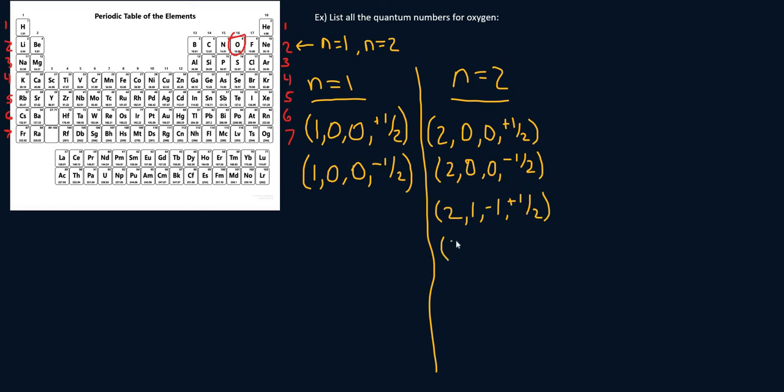Then we're going to do the next one here. And now we're going to do 0, because we're going negative 1, 0, again with the positive 1/2. And then we're going to do 2, 1, positive 1, positive 1/2.